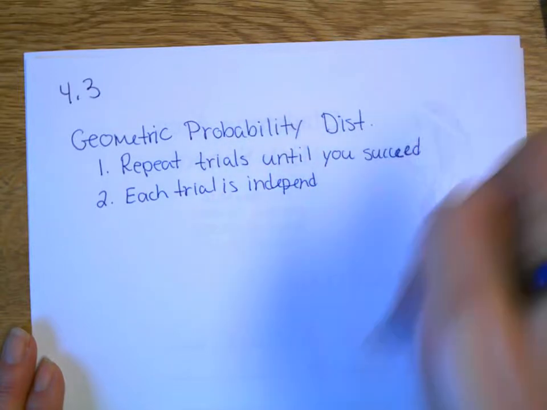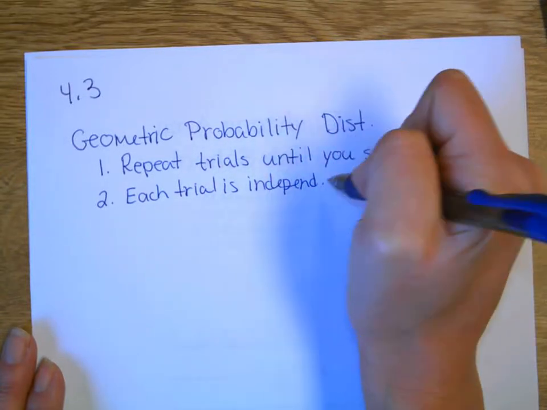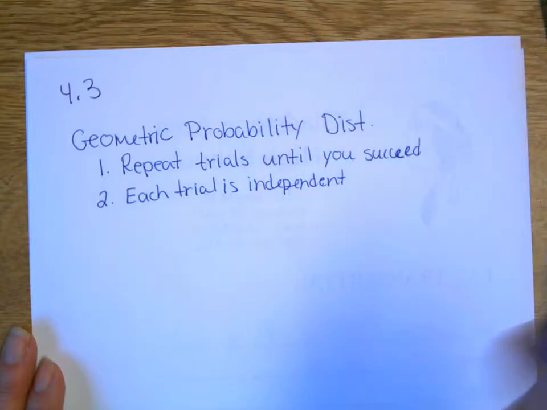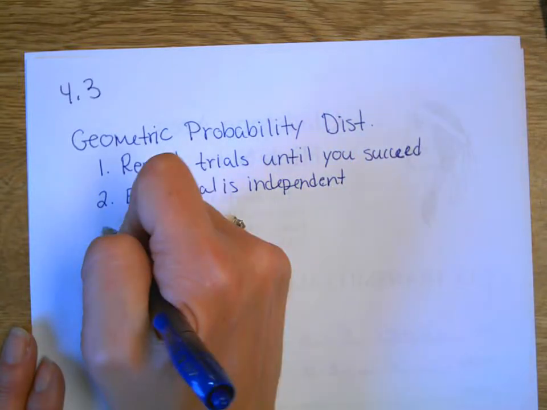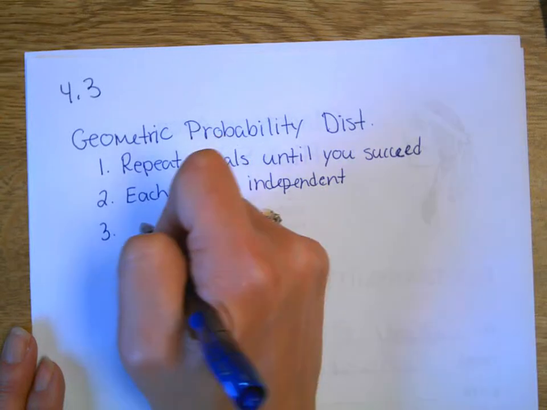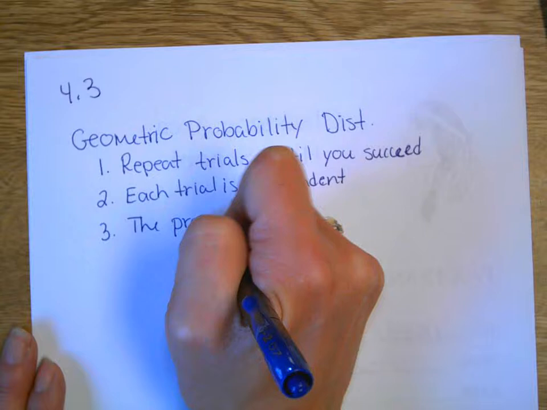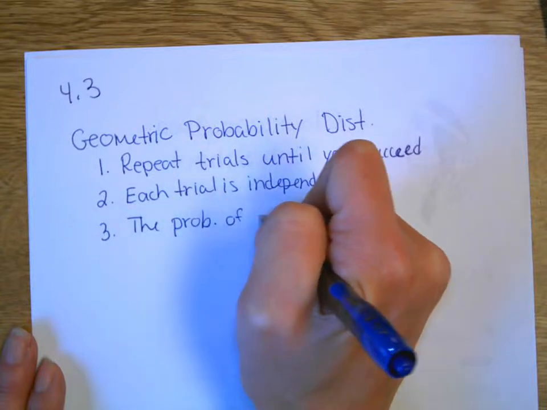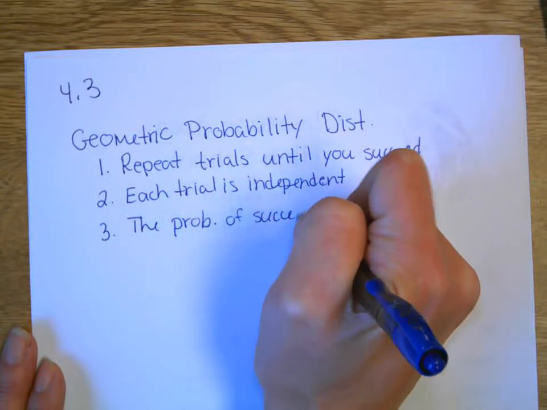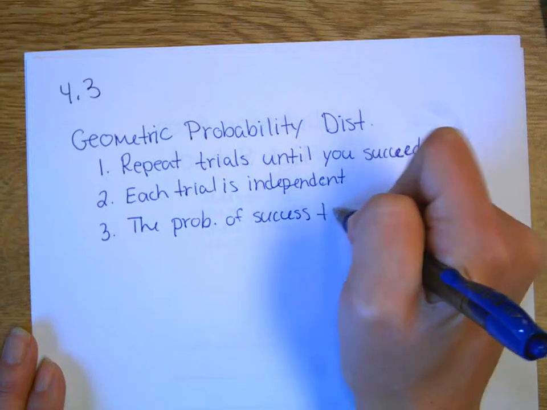That's just telling you don't improve each time you try something. So that makes the probability of success the same for each trial.